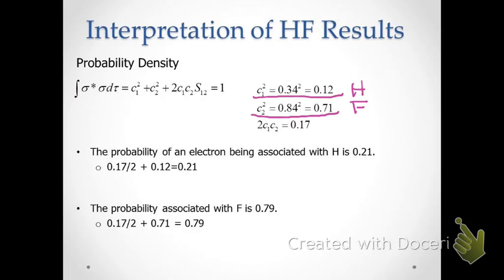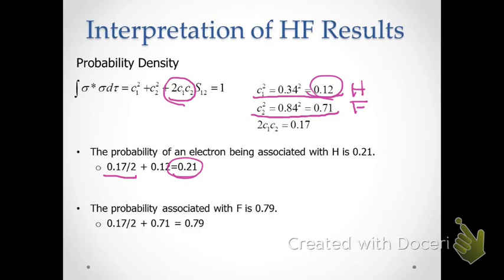And then finally, we have the term here, 2C1C2, which is similar to the interference term. This is the internuclear term. That's 0.17. And so basically we'll take half of that, so that the probability of an electron being associated with the hydrogen is 0.17 divided by 2 plus the 0.12, to give us a probability of 21%.